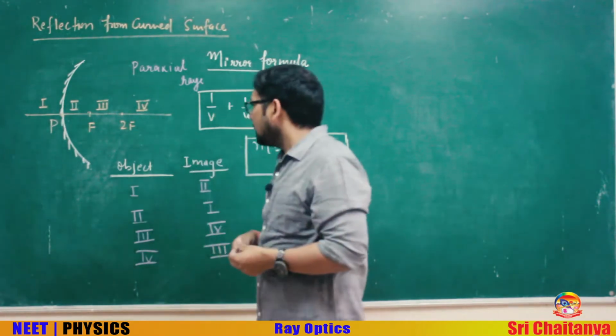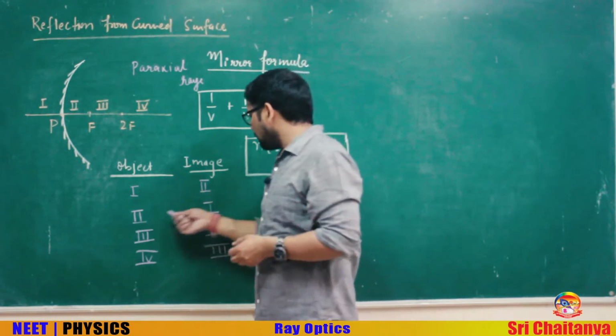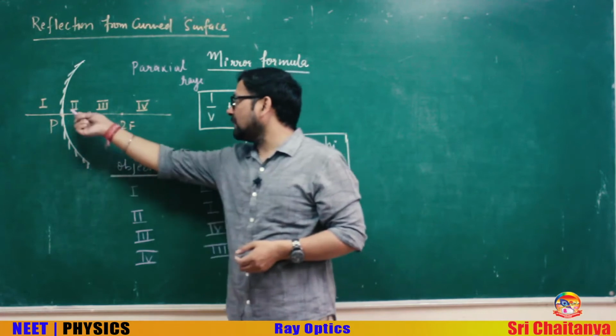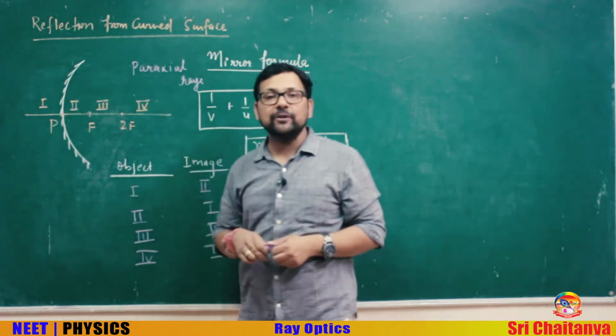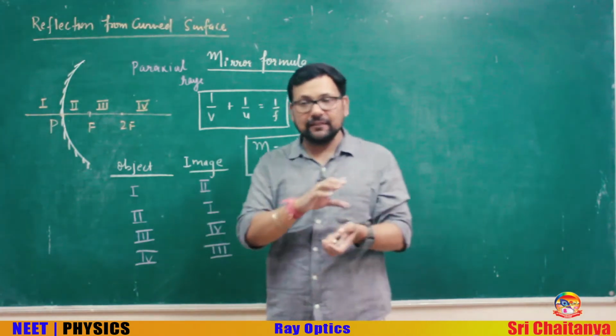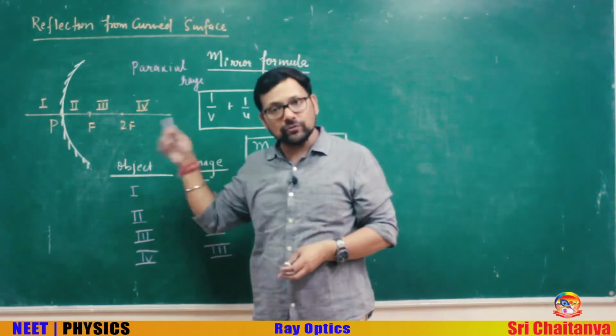Okay. So the object-image relationship you can see is 1 2, 2 1, 3 4, 4 3. So if your object is in 1, its image will be formed in 2. Same 2 to 1. So 1 and 2 keep on exchanging. Same is true for 3 and 4, 3 to 4 and 4 to 3.